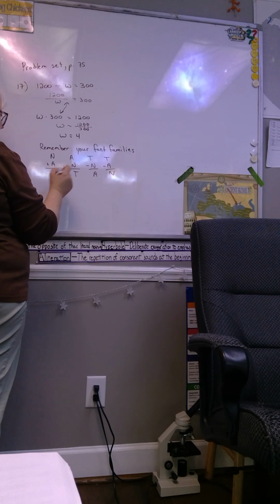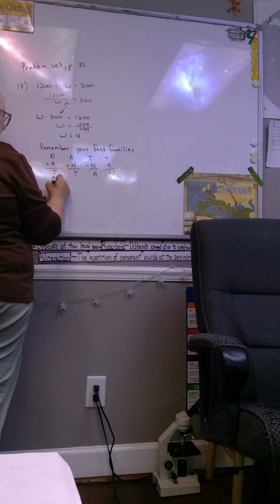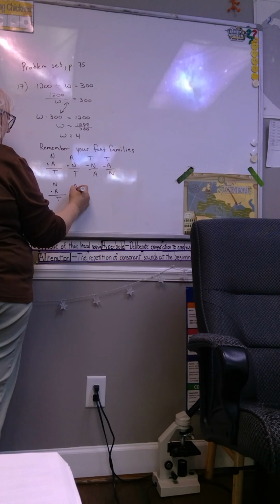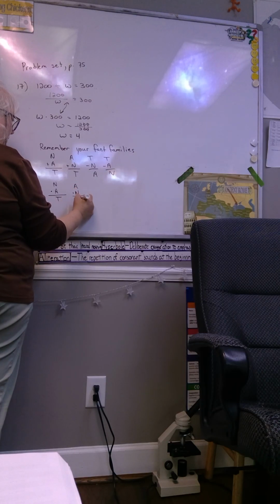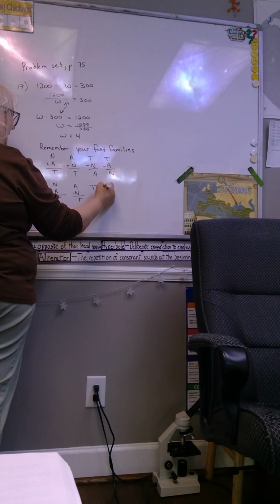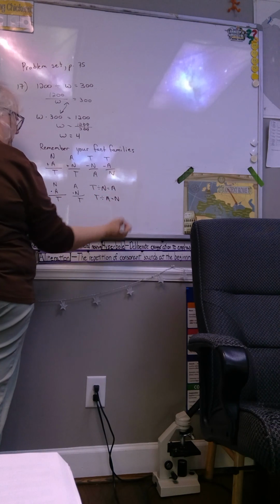The same thing is true for multiplication and division. If I have a times n equals a total, then my total divided by n equals a, or my total divided by a equals n.